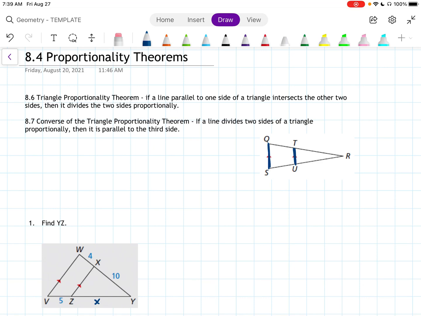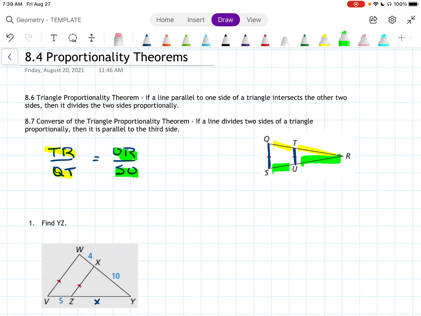What that could mean is that we could say, well, TR over QT is equal to UR over SU. Right? We took the big piece over the little piece, and then in the other one we took the big piece over the little piece.